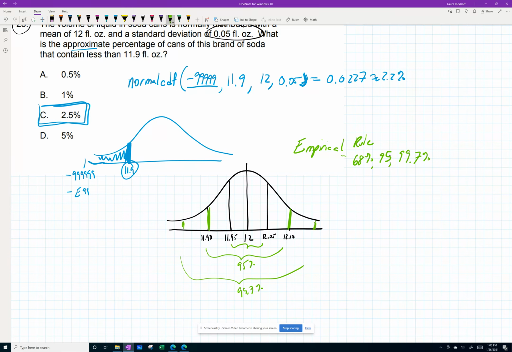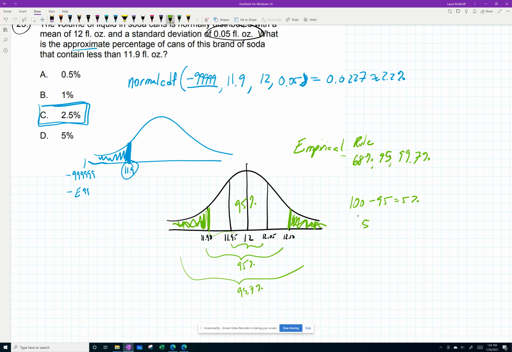So here, if I know that 95% is within two standard deviations, that means that the rest of it, 100 minus 95 is 5%, is left over for these tails. So there's 95% in here, 5% left over for those tails.